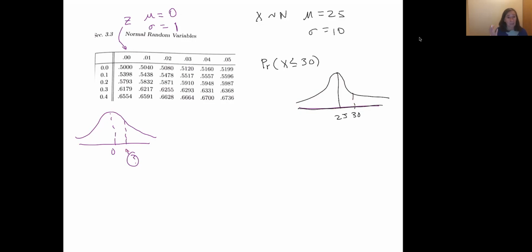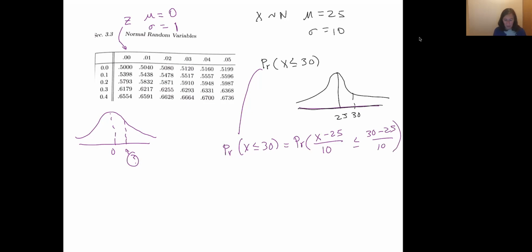And we get that by just applying the same transformation to this question that we would apply to X to get to Z. So check it out. This probability that X is less than or equal to 30 is the same as the probability that X minus 25 divided by 10 is less than 30 minus 25 divided by 10.